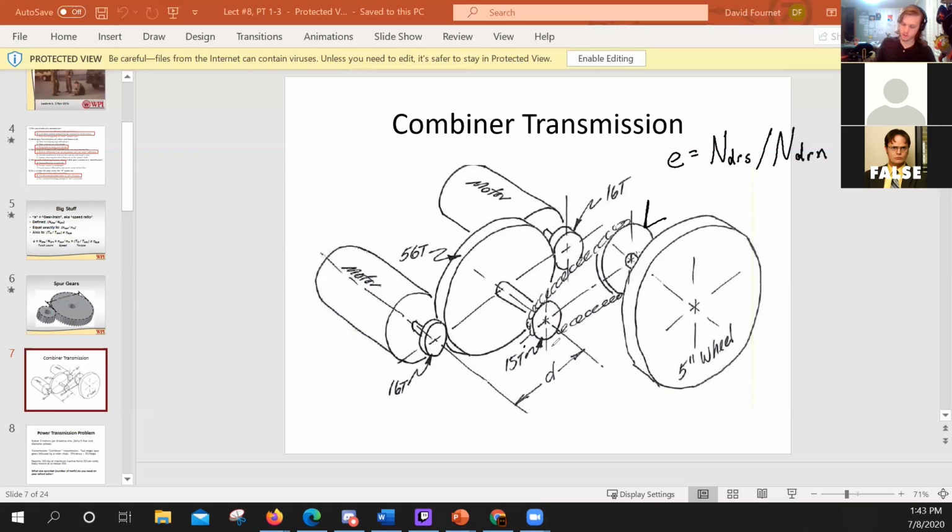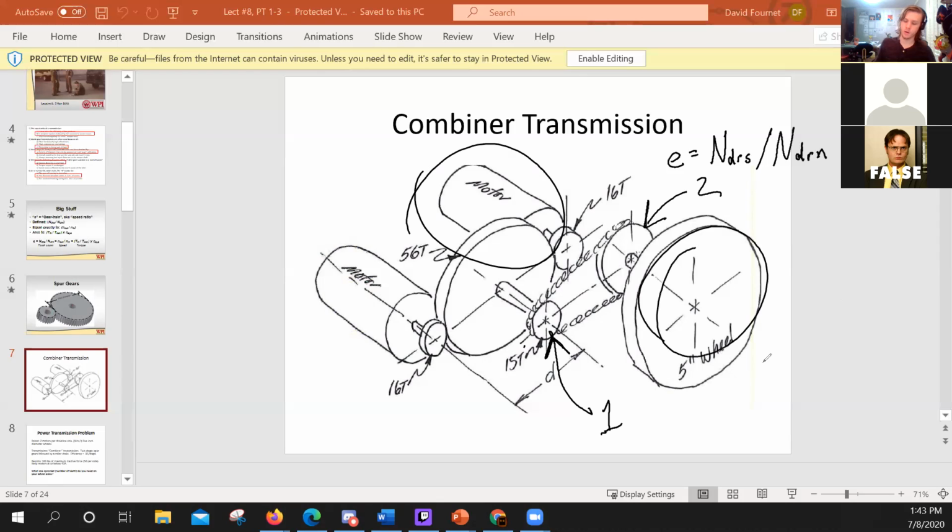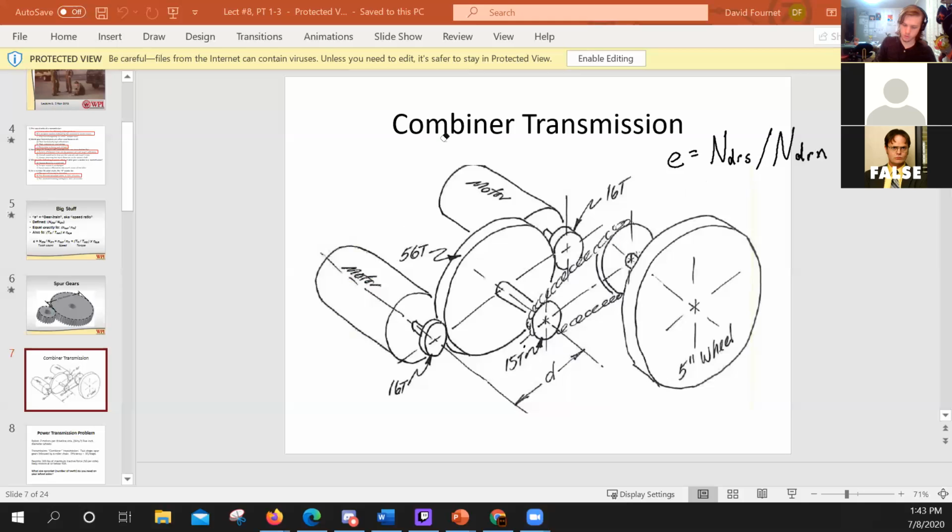We'll say the sprocket right here is number 1, and the sprocket over here is number 2. Which one is the driver? 1. Yep. Whichever one is closest to the motors in the whole system is the driver, and the one that is closest to the output is going to be the driven. So that's just real quick on finding out which ones are which.